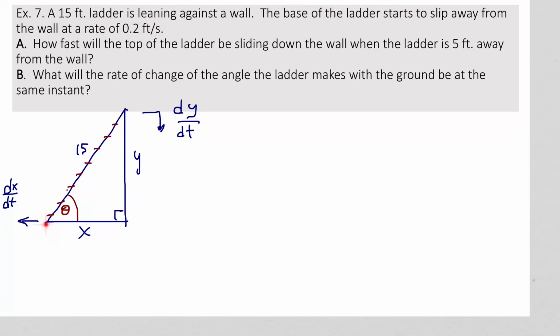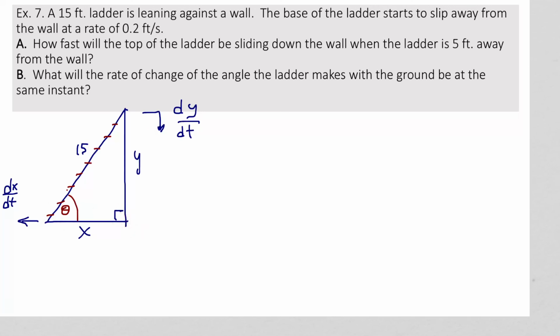So this point right here is moving this way away from the wall, and we'll call that dx dt. Part A says how fast will the top of the ladder, that's this point here, be sliding downward when the ladder is 5 feet from the wall.